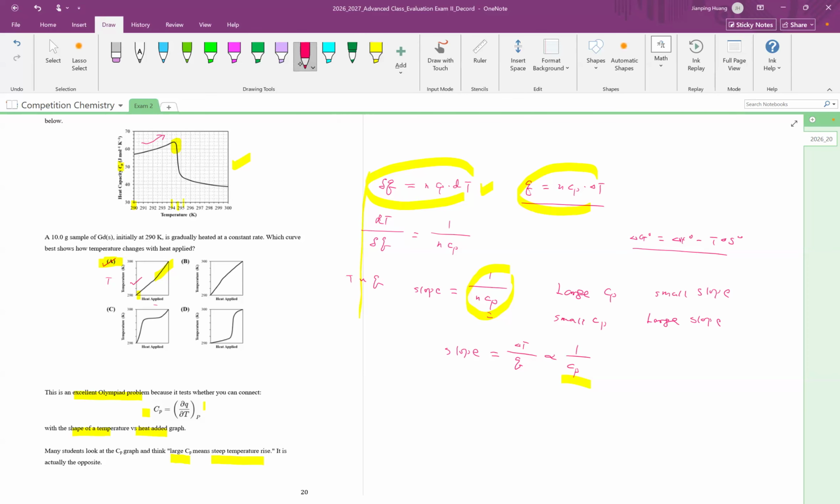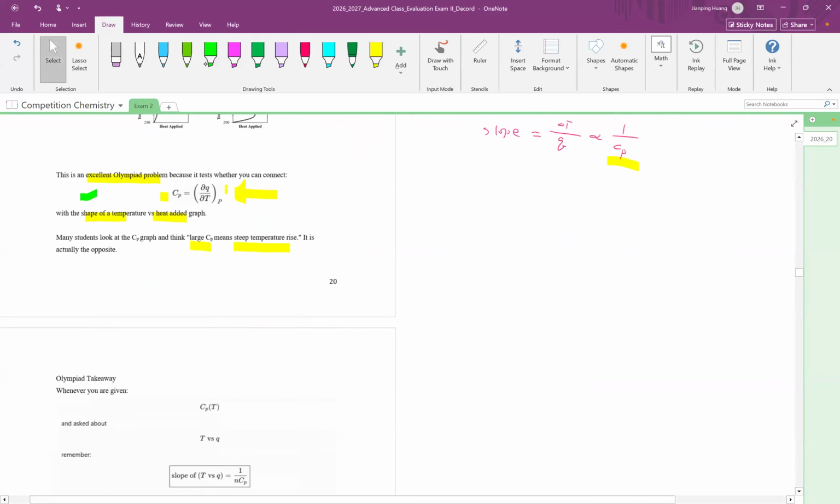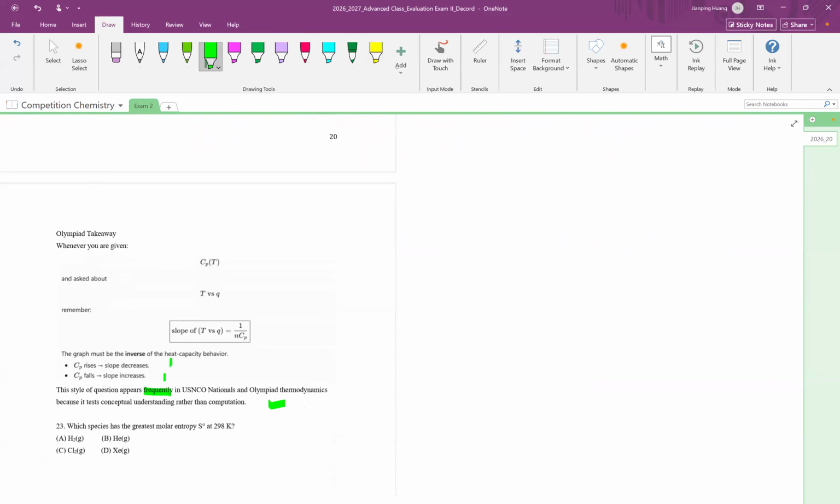Okay, so now see here. When you read the physical chemistry book, it's always like this: math. Look at the relationship. Very often in the thermodynamics exam, this one does not need calculation.